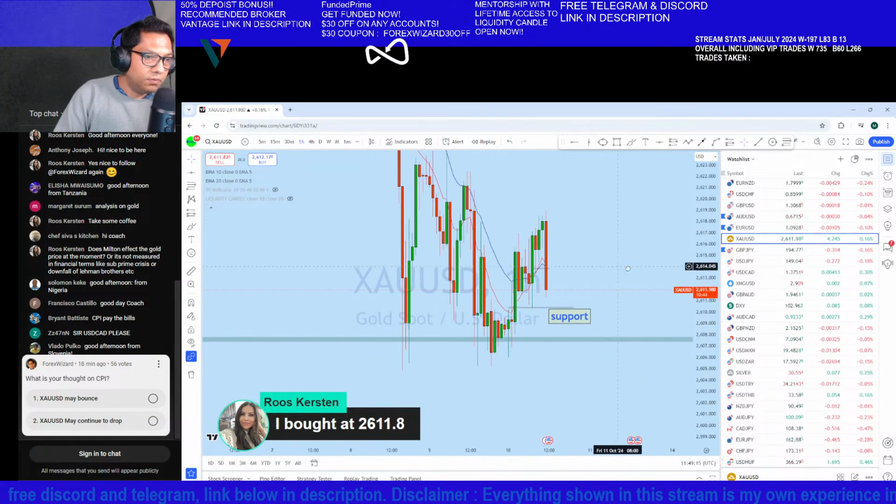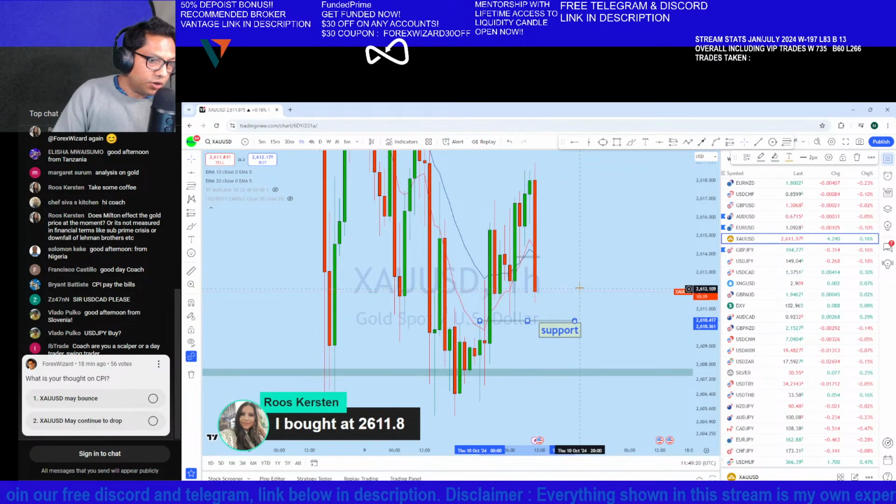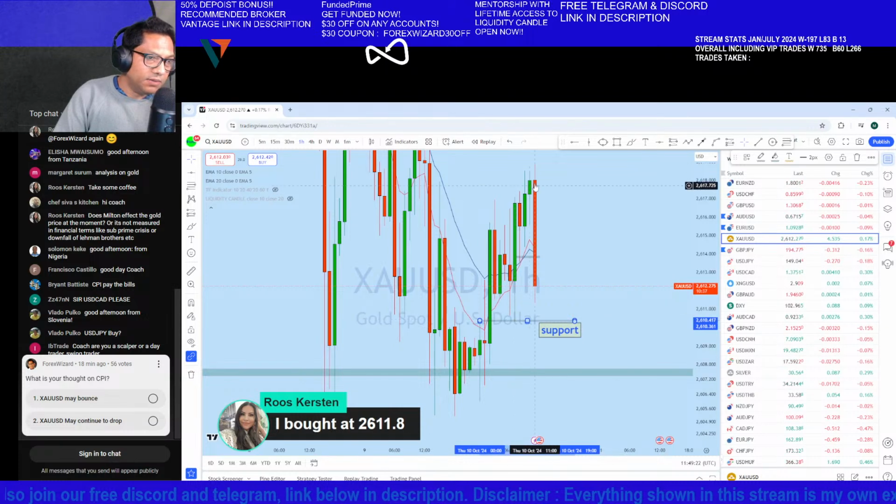And this liquidity zone is very important, as we have seen there was a massive bounce from here.